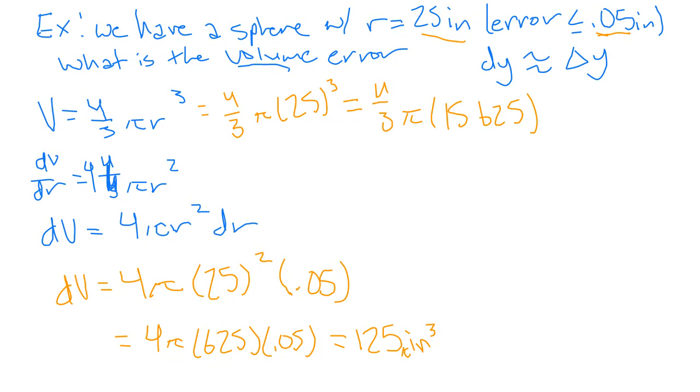Just looking at it, the error looks very, very small, but if we want to double check, let's look at our percent error. Of course, our percent error is going to be our difference over our original.